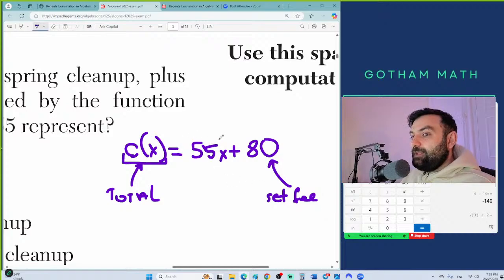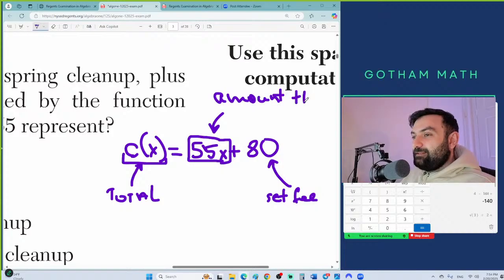And now finally, the number 55 with x. Technically it's an amount that changes. What do I mean by that?